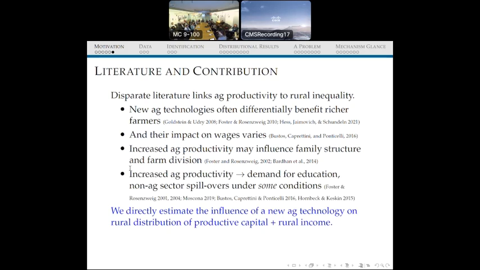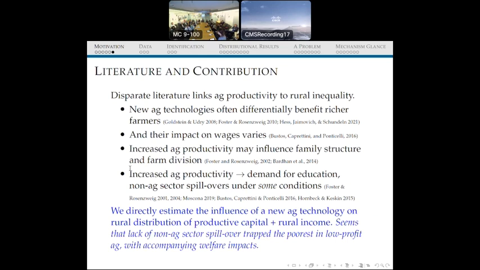So we're directly estimating the influence of this new agricultural technology, the rollout of high-yielding varieties, rice and wheat, in India, on the distribution of productive capital and rural income. Looking at the mechanism, and I'll say this suggestively, since that's definitely not presenting everything I've done here, it looks like, in part, you have this lack of change for the people at the bottom of the distribution, because the smallest farmers and the landless are staying on very small plots of land, which do not have really high productivity.